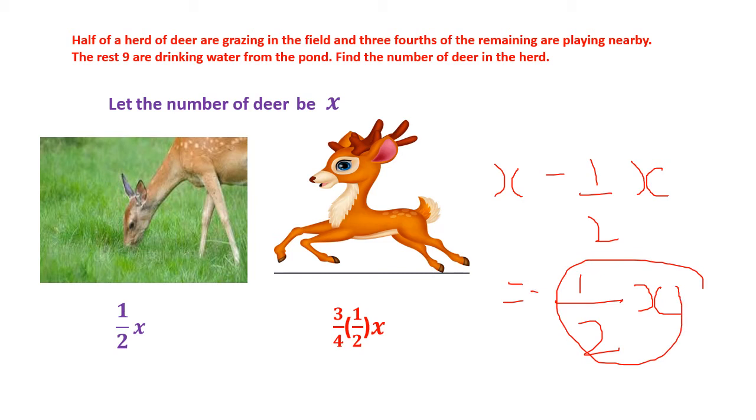Only 3/4 of them are playing. So this is what we have put over here, that 3/4 of the remaining. The remaining is half of the herd, and from that also 3/4 of that half. 3/4 of that half of the herd is playing.